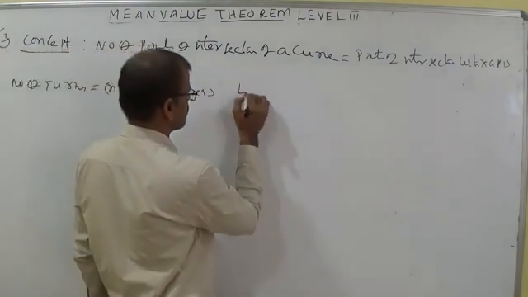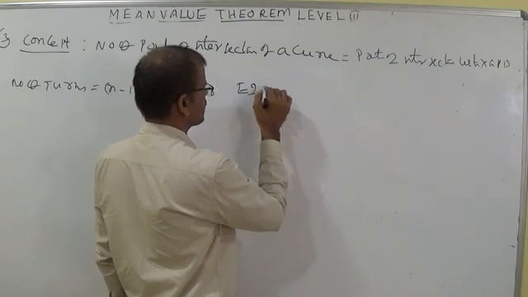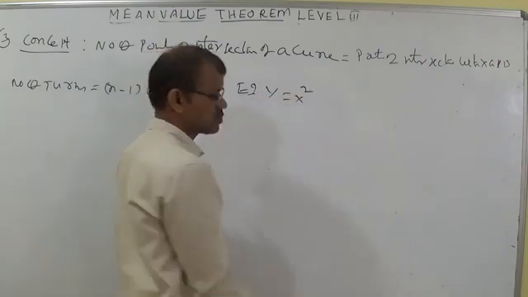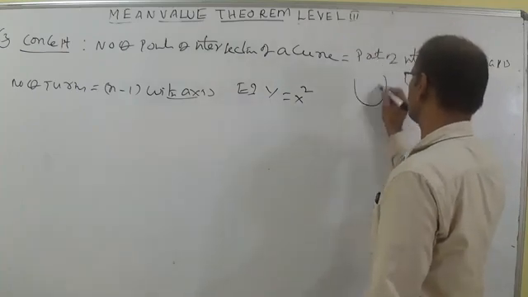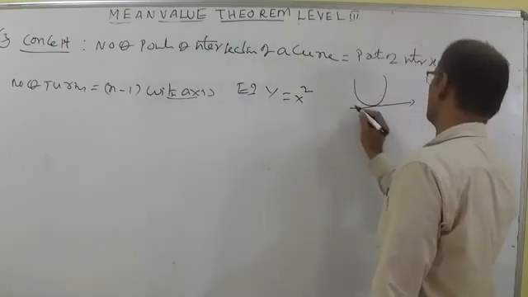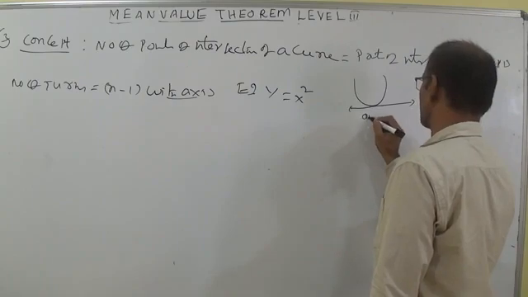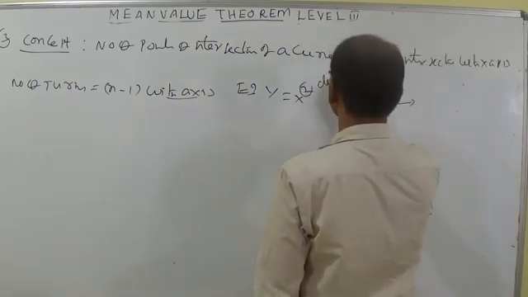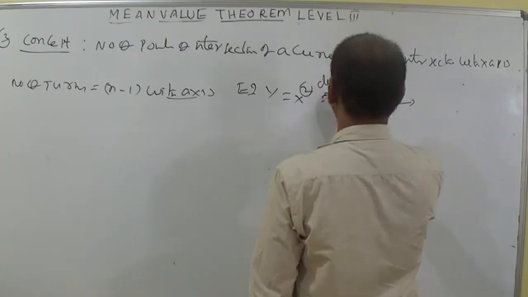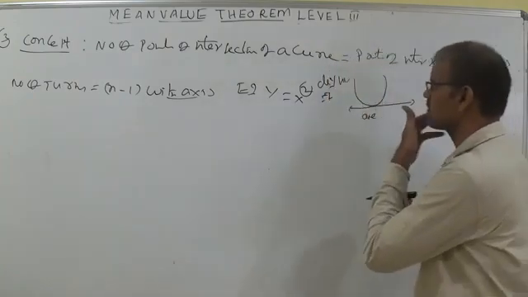Let us consider the example y is equal to x square. It is a quadratic equation. It is a parabola. Only one point here. What is the degree here? Degree 2, number of terms only one term.